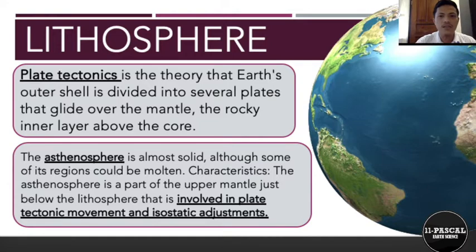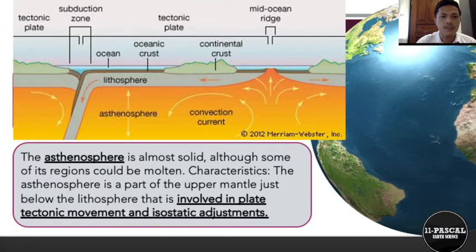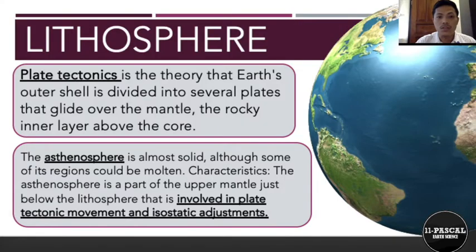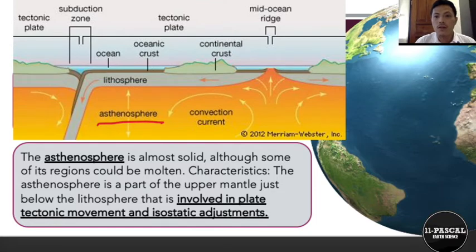So the asthenosphere, this one here, is almost solid, although some of its regions could be molten.